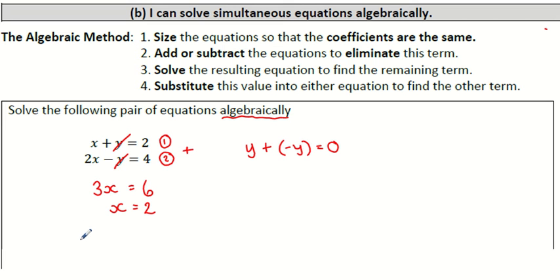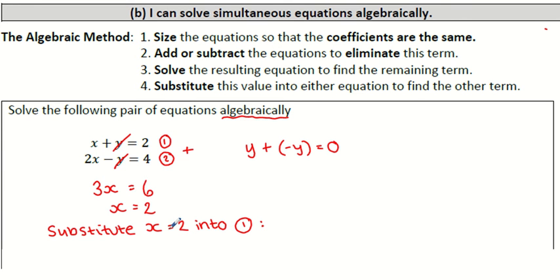So to find our y value, we're going to have to substitute our x equals 2 into one of the equations. I'm going to go for equation 1. The reason being is there are smaller numbers and no negatives, so that looks like the easier option.